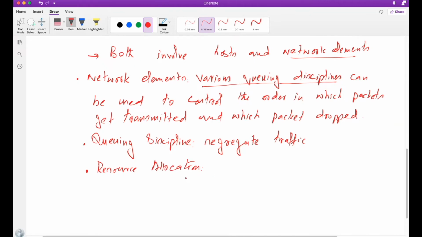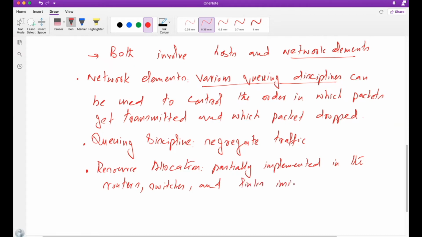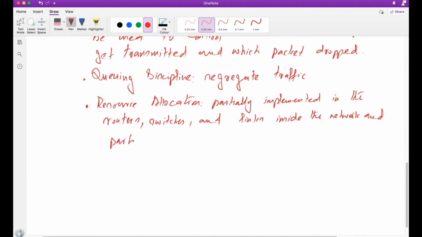Resource allocation means that we are partially implementing it in the routers, switches, and links inside the network, and partially in the transport protocol.